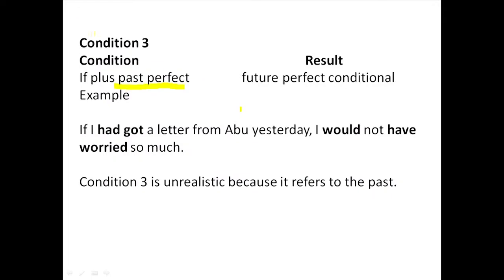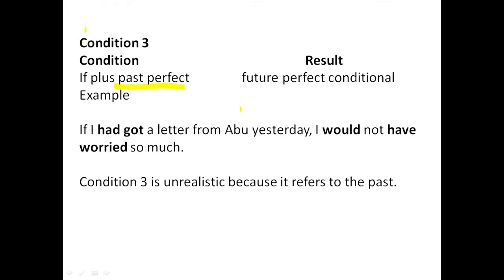Remember, knowing what tense a condition carries is very essential to sounding correct. So, for example, if I had got a letter from Abu yesterday, I would not have worried so much.